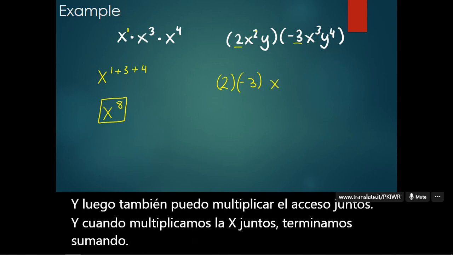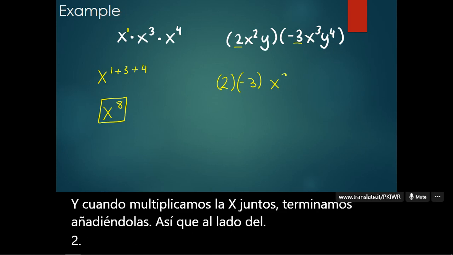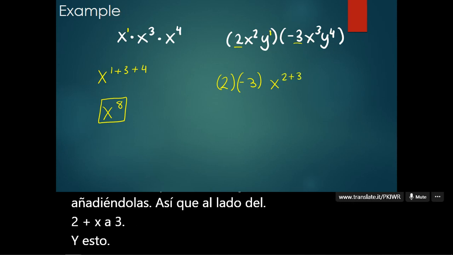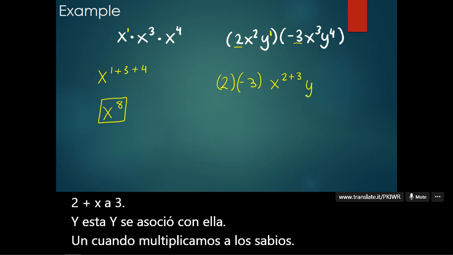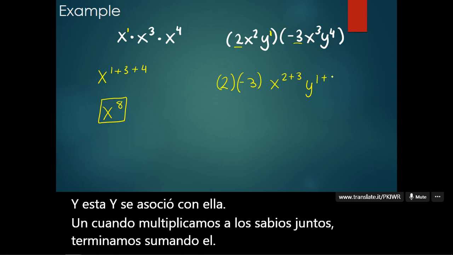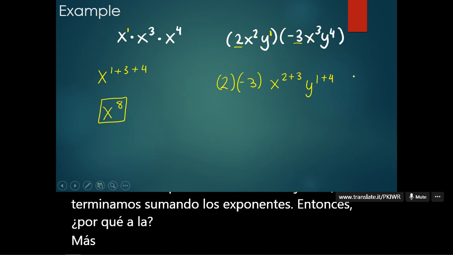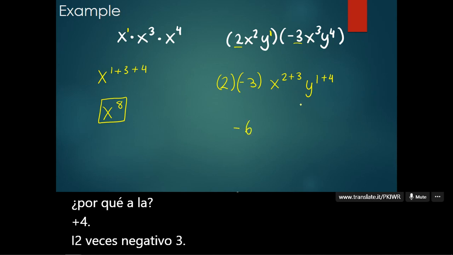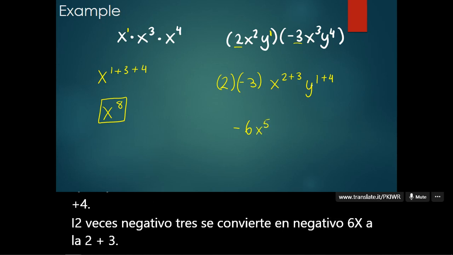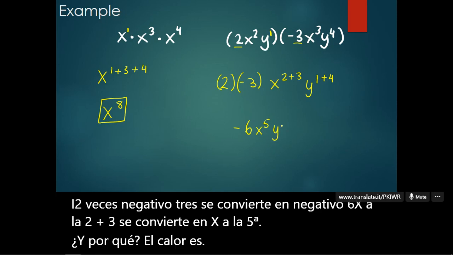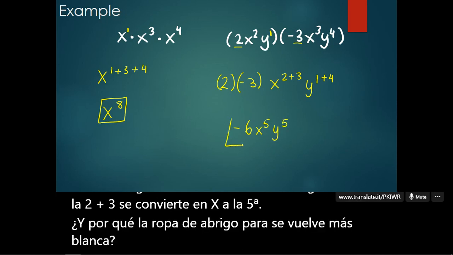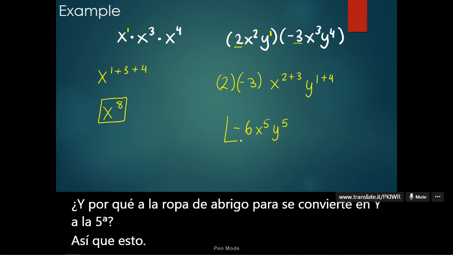So x to the 2 times x to the 3. And this y has a 1 associated with it. And when we multiply the y's together, we end up adding the exponents. So y to the 1 plus 4. All right, 2 times negative 3 becomes negative 6. X to the 2 plus 3 becomes x to the 5th. And y to the 1 plus 4 becomes y to the 5th. So this is my answer.